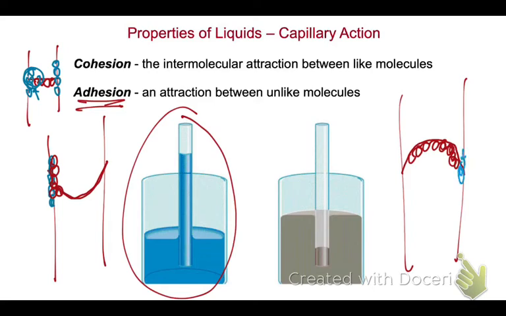And those glass molecules can also attract the mercury. So if we look at this mercury particle here at the edge, it is definitely trying to avoid contact with the glass and bond more strongly with the other mercury. And that's why the shape is the opposite of water, because in this case, cohesion is stronger than adhesion.